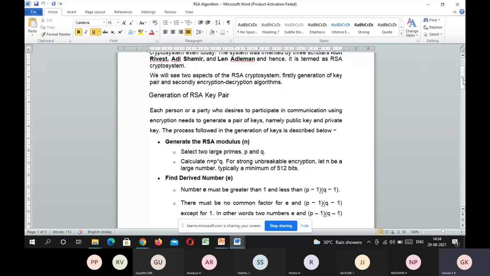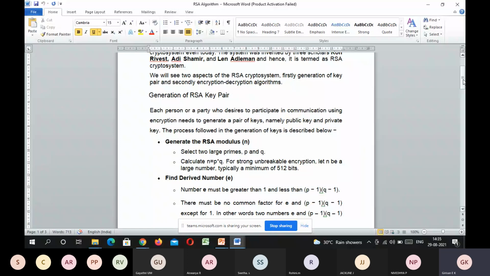You cannot have any divisor or any factors apart from 1 and the number itself. For example, 3, 5, 7. These are all prime numbers. If you take 9, it is an odd number, but it's not a prime number. This kind of prime number is generally used for our public key crypto systems.